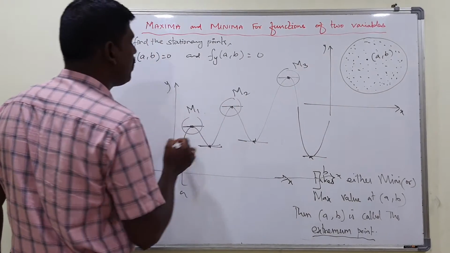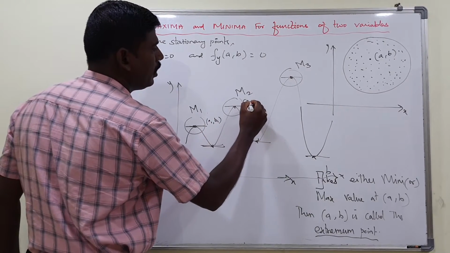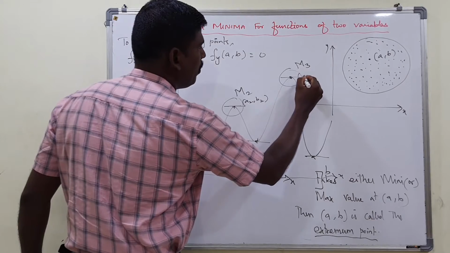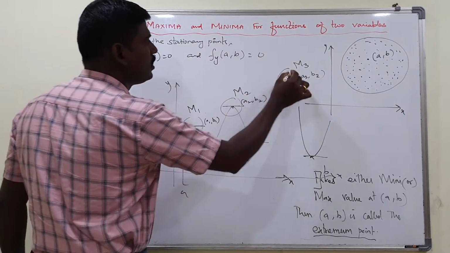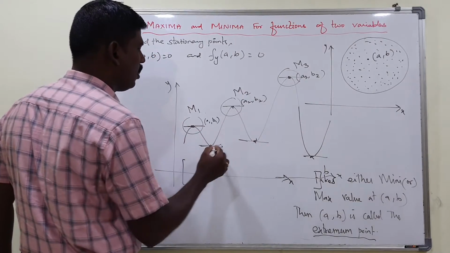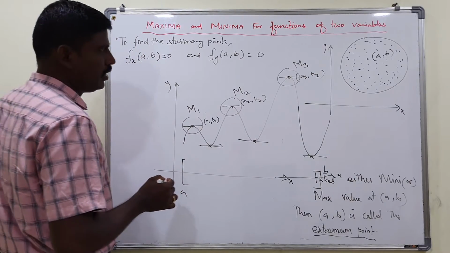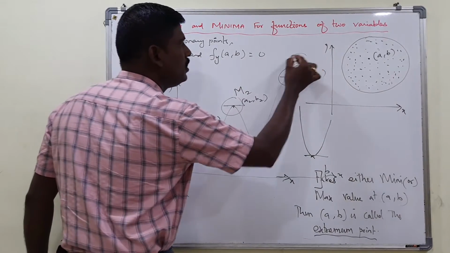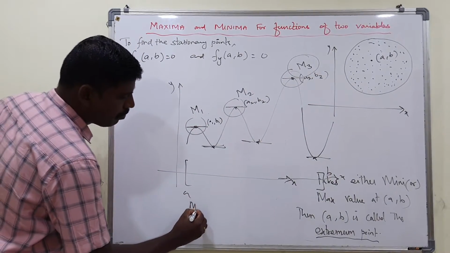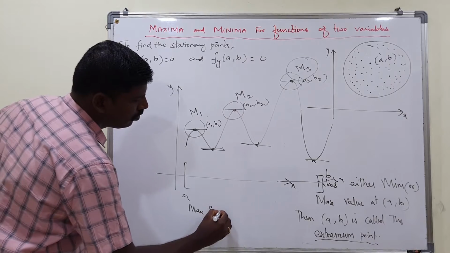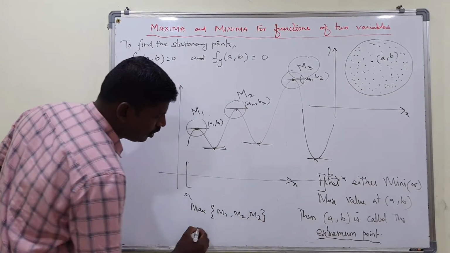These are all the stationary points. Let us take this to be a1 comma b1, this point a2 comma b2, and this point a3 comma b3. Among these stationary points, these are all maximum points, isn't it? Among all these maxima, this is the overall maximum among M1, M2, M3. That is, the maximum of M1, M2, M3 is equal to what?